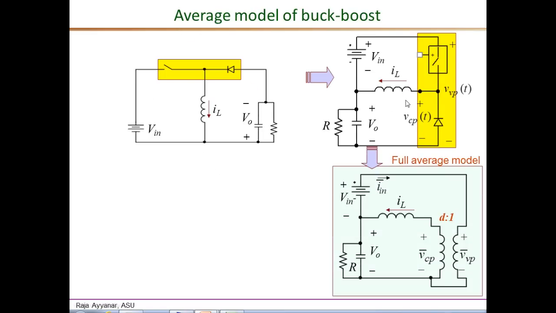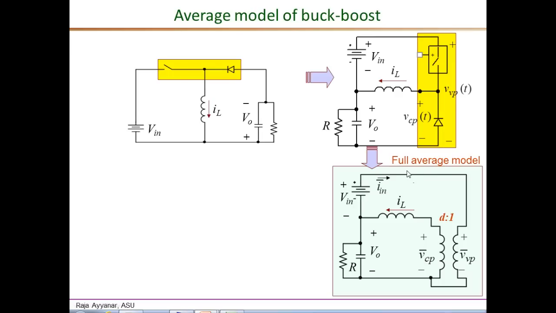So the average model is to just take out this yellow box and replace that by the ideal transformer model, with the primary with the turns of 1 going to what we call the voltage port. So that is shown here, VVP, and the current port, the secondary of the transformer, is now connected to this inductor, and so on. So just replace this yellow box by the transformer, and we get the average model.